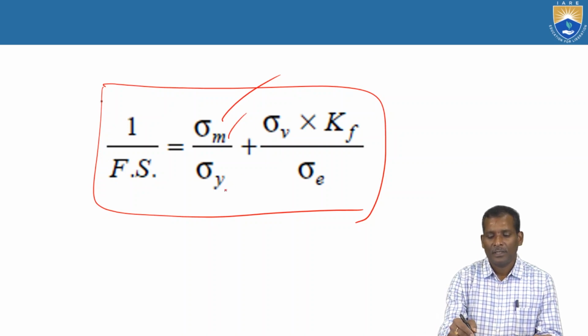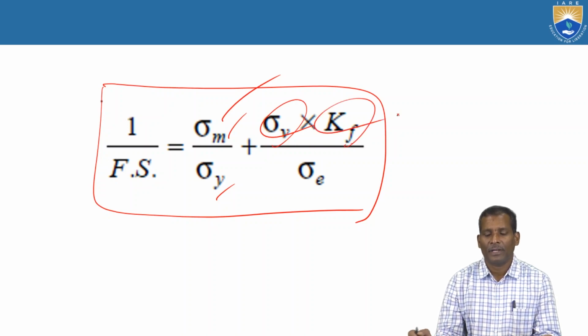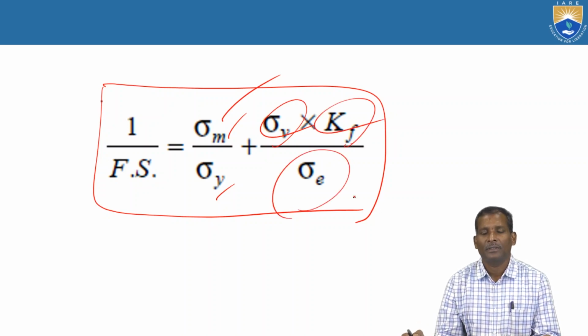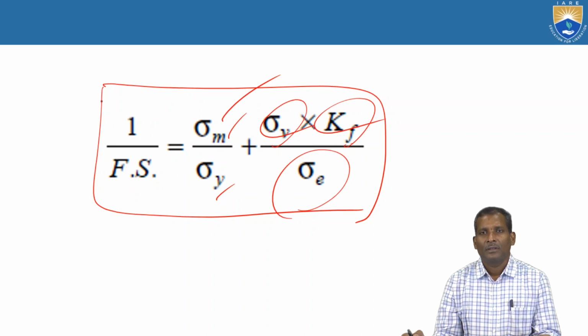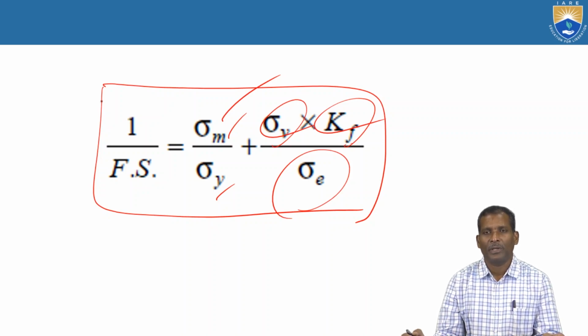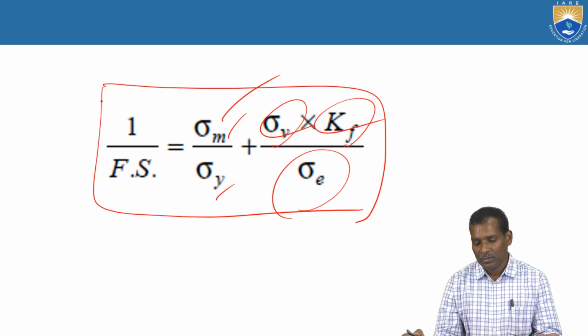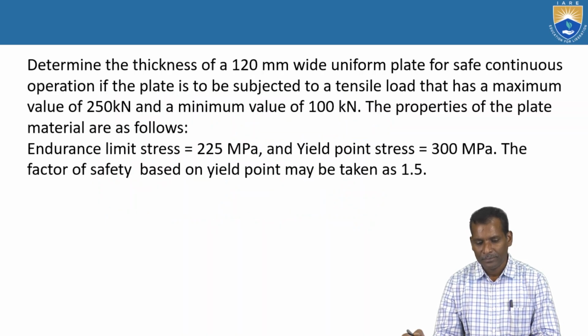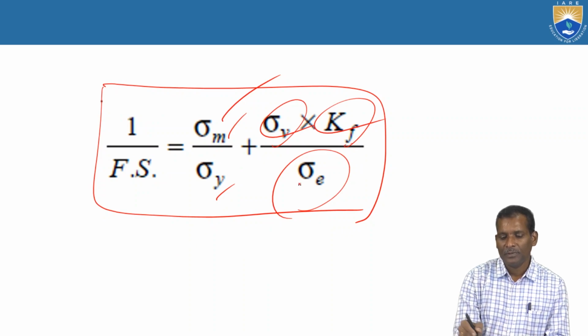Mean stress and yield stress, variable stress, fatigue stress concentration factor, and endurance limit. Considering other factors also, size factor, surface finish factor, or temperature factor, then you need to multiply with sigma e.